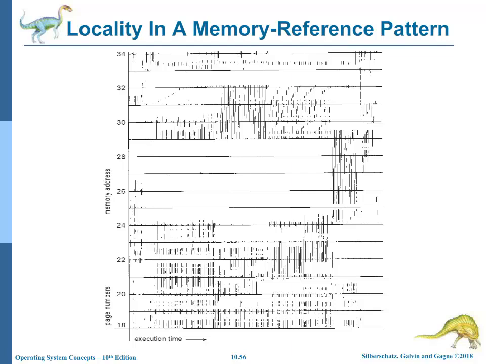If we could just keep as many frames as are involved in the current locality, then page faulting would occur primarily on switches from one locality to another. For example, when one function exits and another one is called. Another example is a process remaining in one locality for a long time.